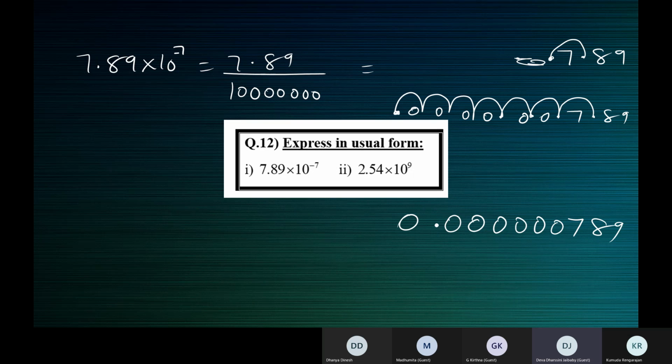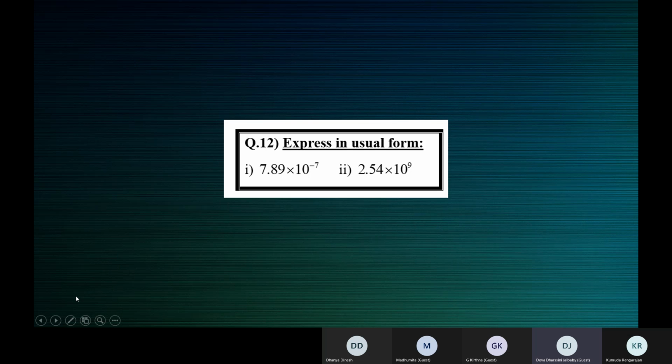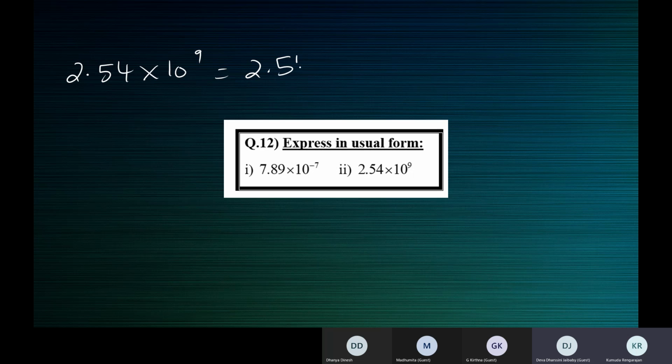Yes, ma'am. And for the next one, ma'am, I have tried that. Can you tell me if my answer is correct? In 1 minute I'll be telling you. Just take 2.54 into 10 to the power 9. 10 power 9 means 9 zeros. Correct.